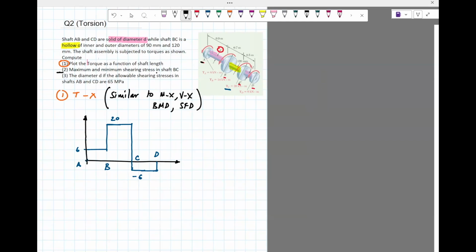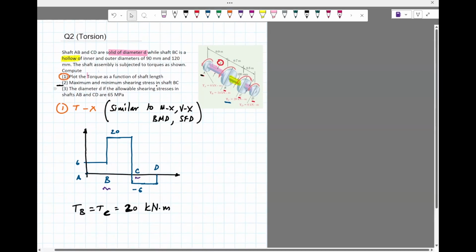So B is here, C is here. Between B and C, we see that the torques are the same. So torque at B equals torque at C, which is 20, I think, kilonewton meter. This is what we'll be using to compute the stress, and that's why I drew the torque displacement curve, or torque shaft length curve.